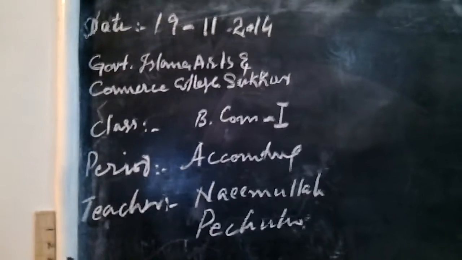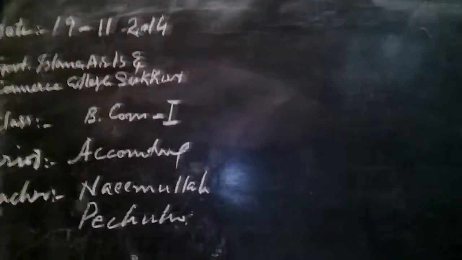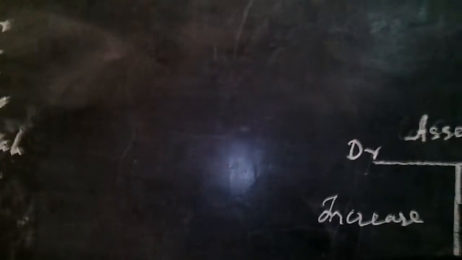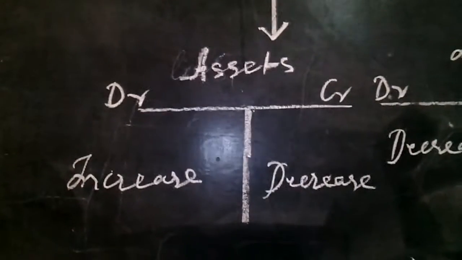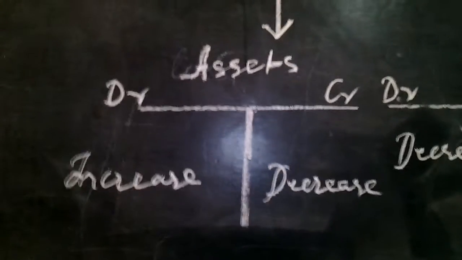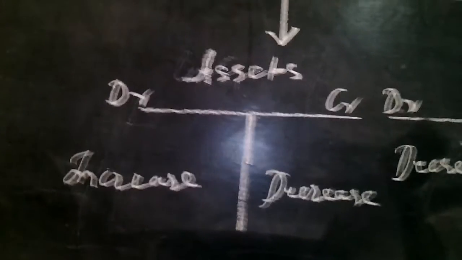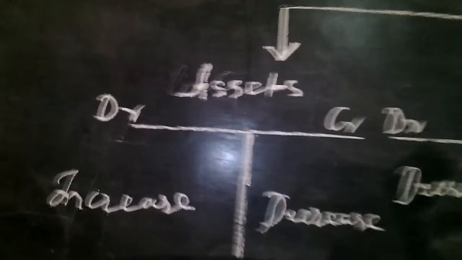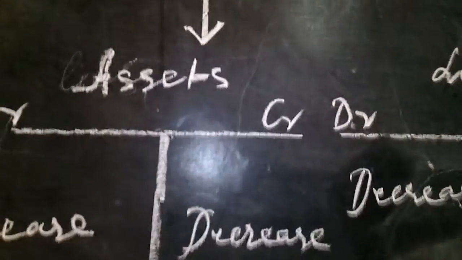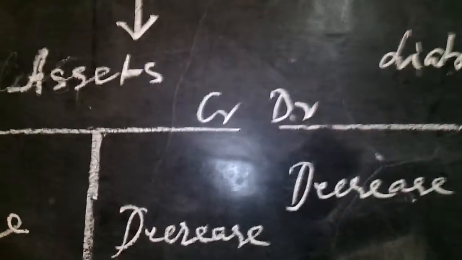Now we will recognize these rules of debit and credit. For asset accounts, an increase is recorded on the debit side and a decrease on the credit side.